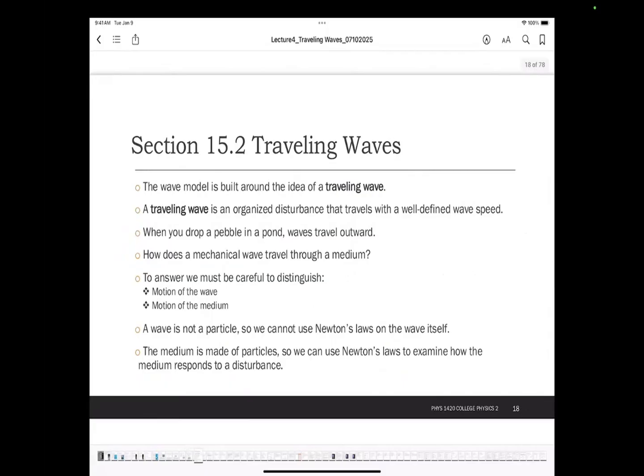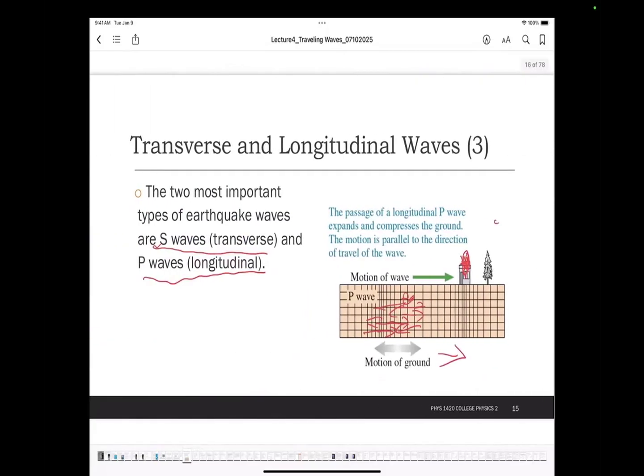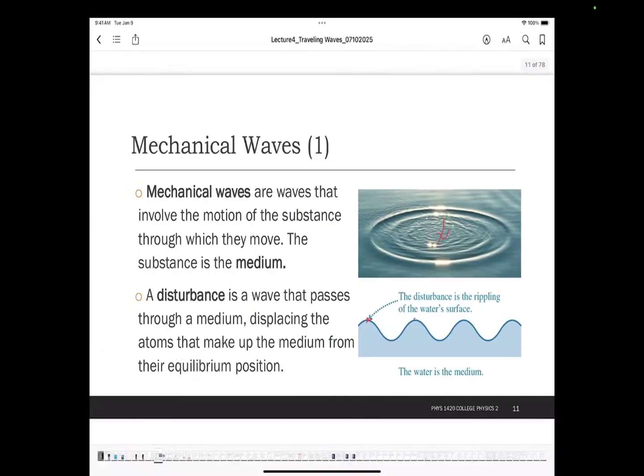And okay, this is a wave model. We have many kinds of waves, like water waves, light waves, and sound waves, but they share some specific features, and there are some terms we need to be familiar with, like mechanical wave.